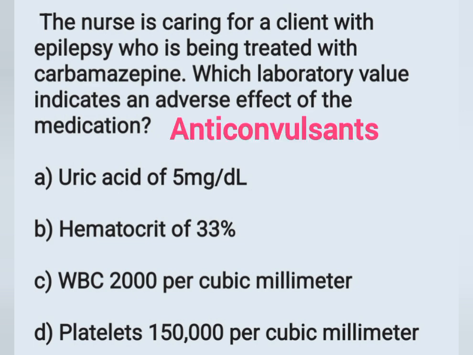The question is, a nurse is taking care of a patient with epilepsy and the patient is taking carbamazepine. Carbamazepines are anticonvulsants. Among these options, which laboratory value indicates the adverse effect of carbamazepine? Adverse effect means negative or harmful effect of the medication.